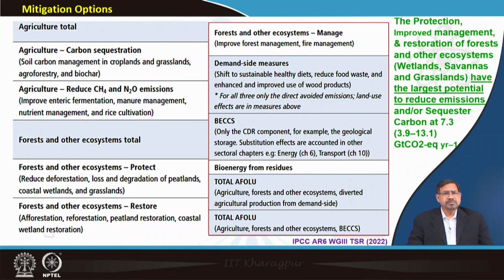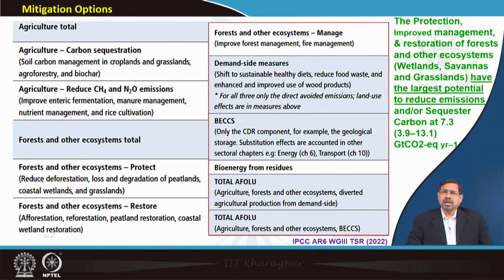So as far as the agriculture sector is concerned, for other greenhouse gases, we know in terms of the WMGHG, or well mixed greenhouse gases, next to carbon dioxide, methane and nitrous oxide come. So if we improve the fermentation, the management of manure in the agricultural sector, the management of nutrients and also the cultivation pattern, if we avoid wet cultivation, that means we are reducing methane emission.